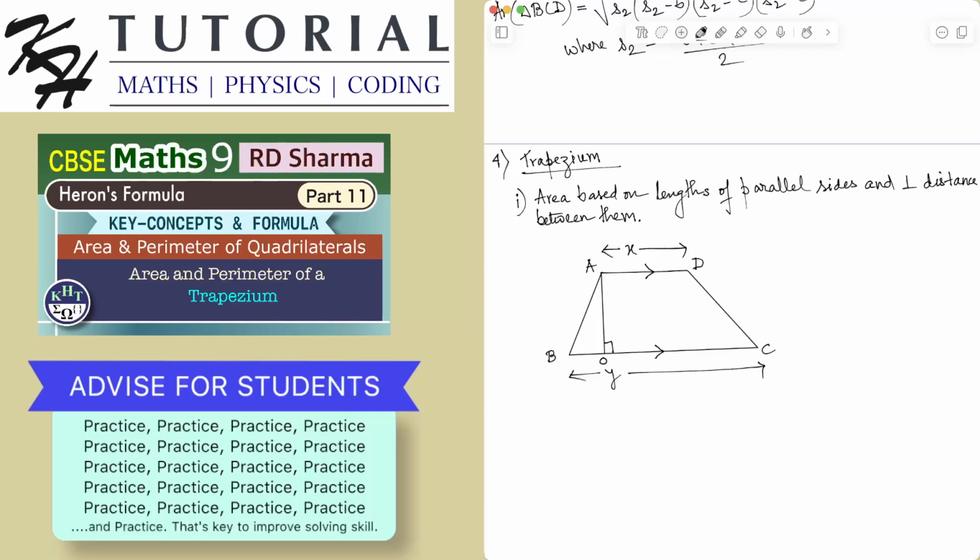So, let's say the length of AO is h. So, the length of the altitude of the trapezium is h and the length of the parallel sides are x and y.